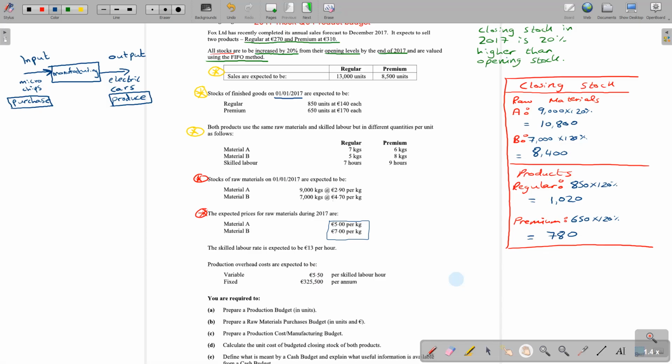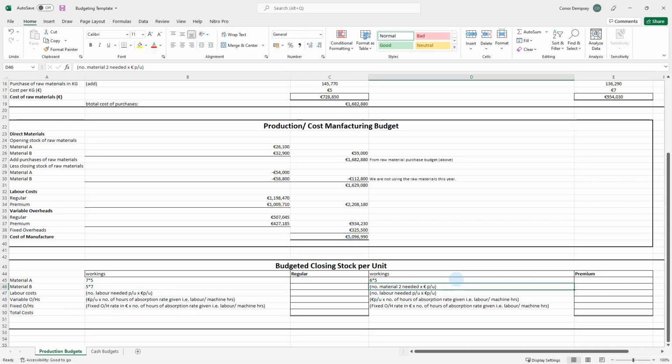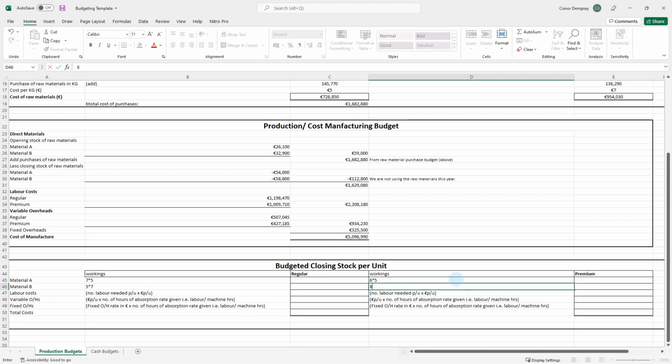Material B, we need 5 and 8. So 5 by, I think it's €7, and 8 by €7 as well.